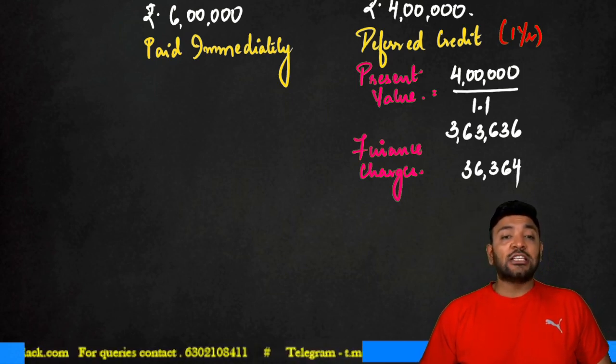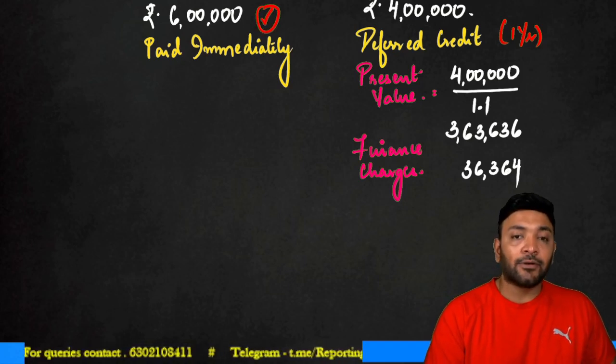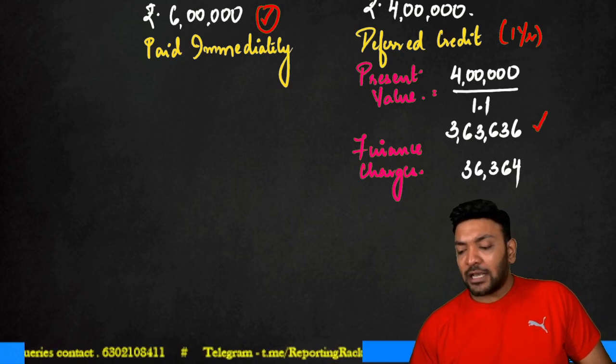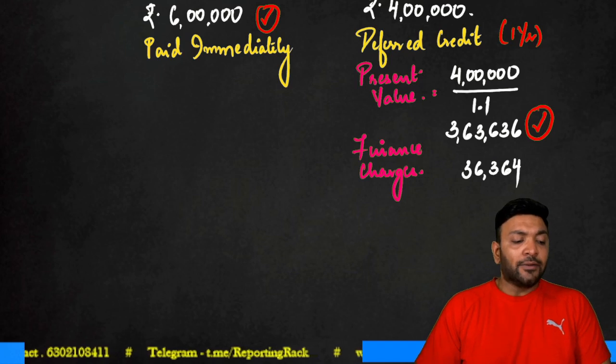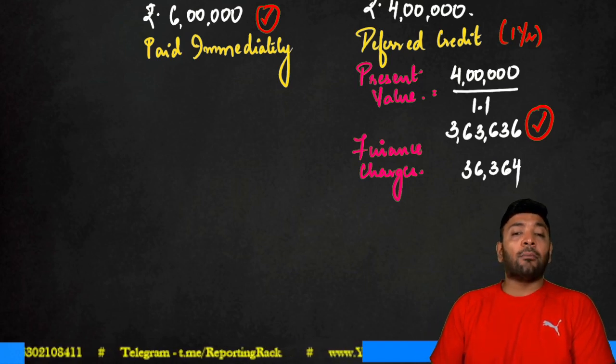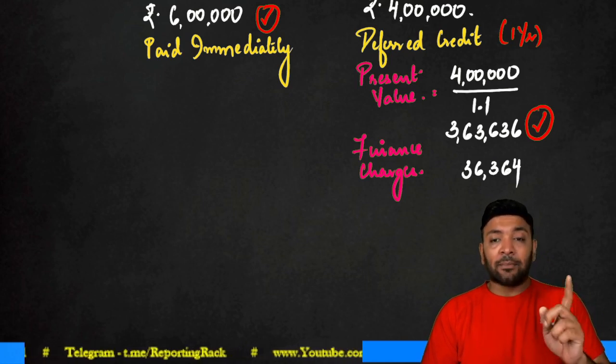So what is the amount eligible to be capitalized? The amount eligible to be capitalized is this 6 lakhs paid immediately plus present value 3,63,636. These two amounts, 9,63,636, is eligible to be capitalized.